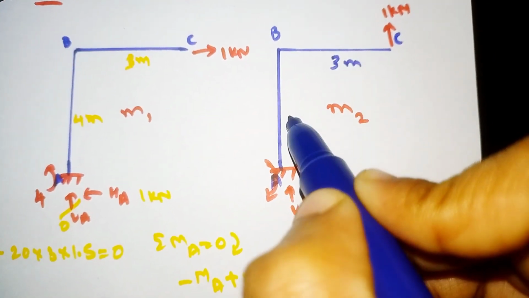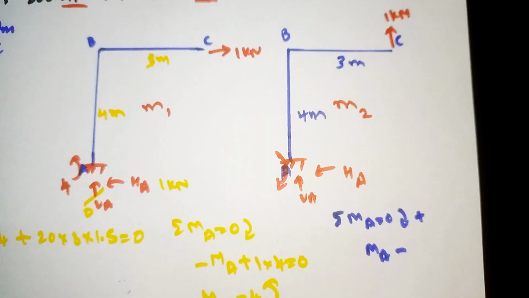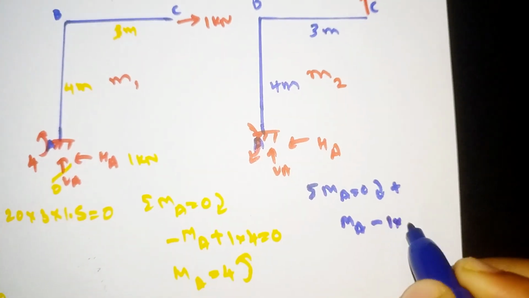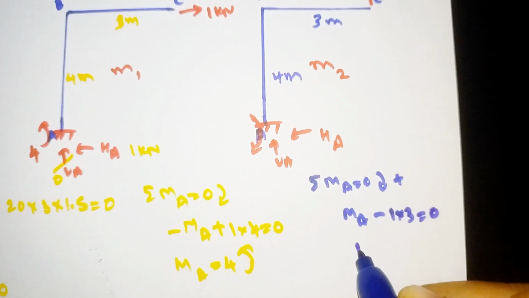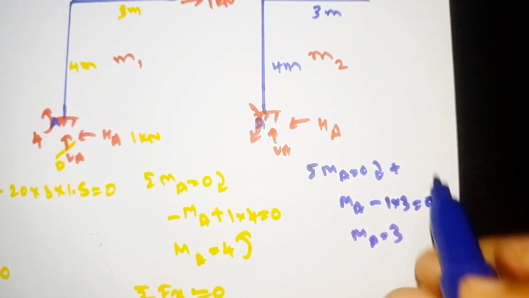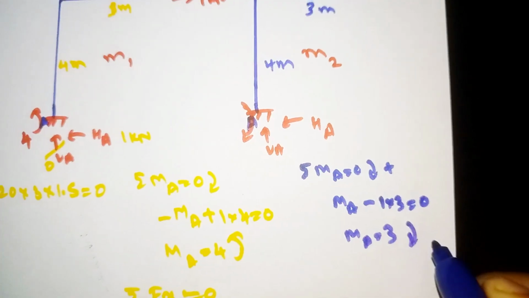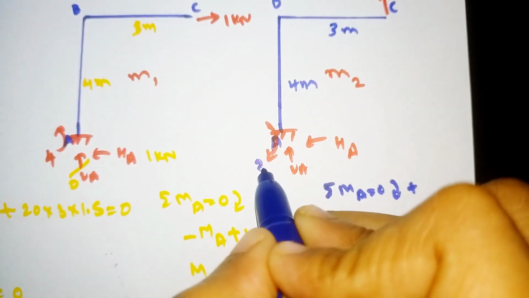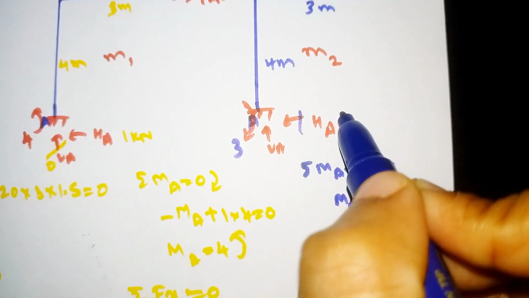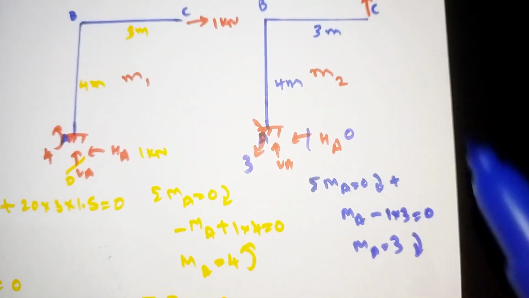It is moving at a distance of 3 meter, so 1 into 3. It is rotating anti-clockwise, so minus 1 into 3 is equal to 0. MA will come out as 3. 3 means whatever direction we have taken was correct, it is clockwise. MA value is 3.